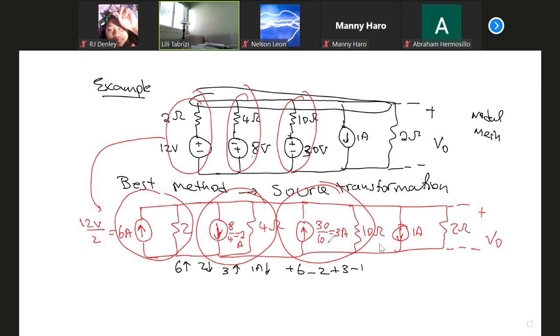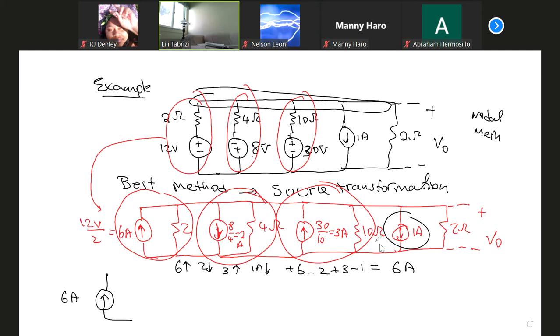Minus 2 minus 1 is minus 3, so 6 plus 3 minus 3 is equal to 6 amp. So I substitute all of them by 6 amp going up.